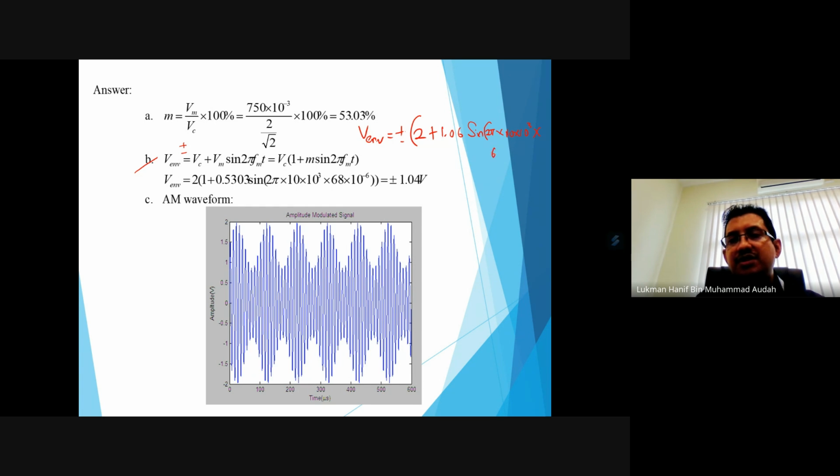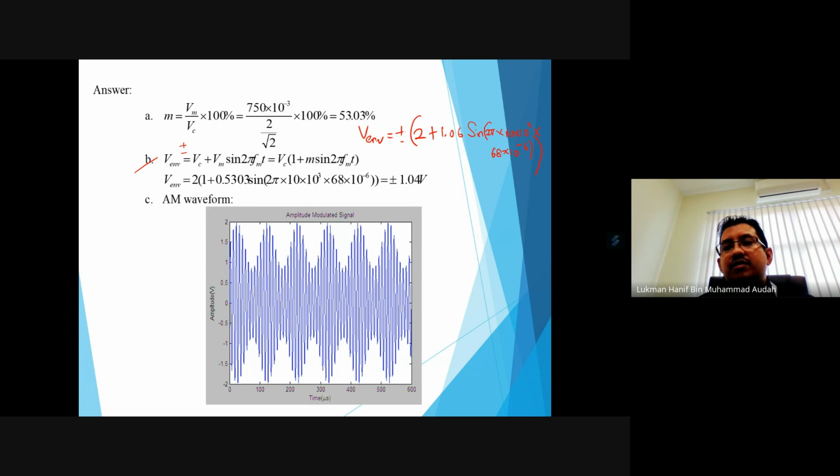T is 68 times 10 to the power of minus 6. Close the big bracket. The time here, the 68 microseconds, is what you have to put in.